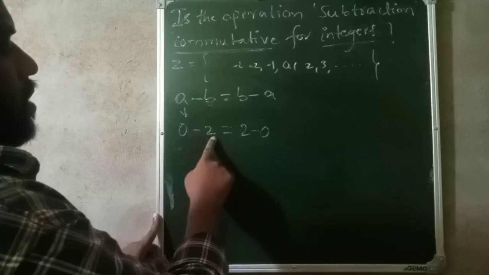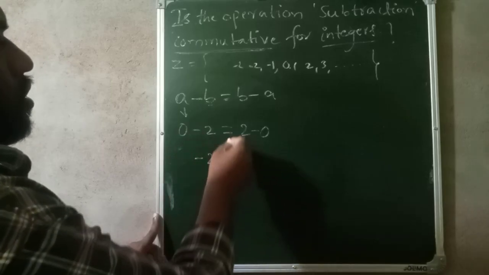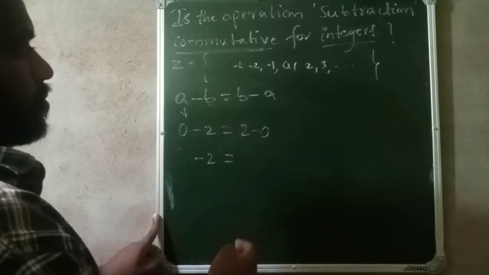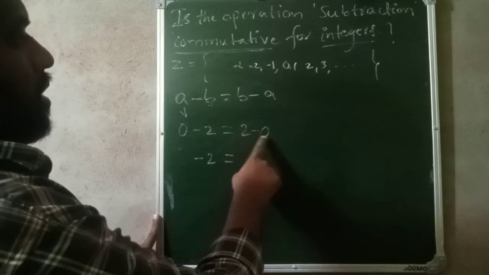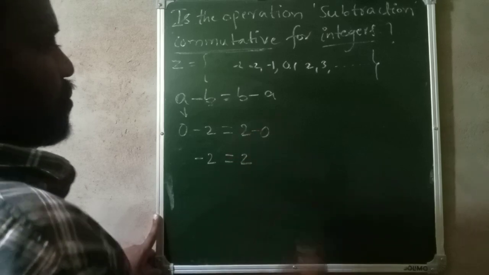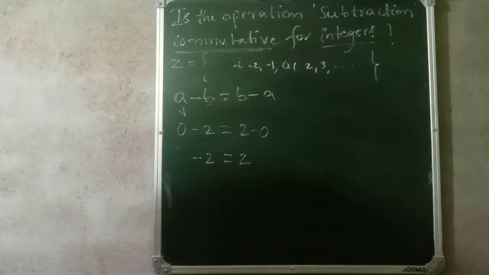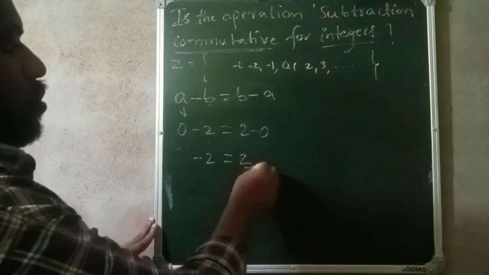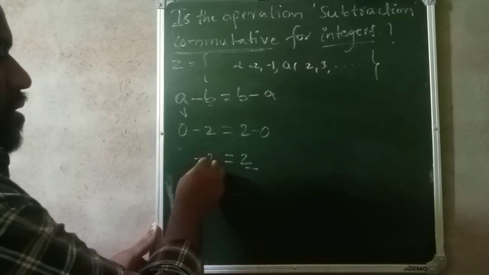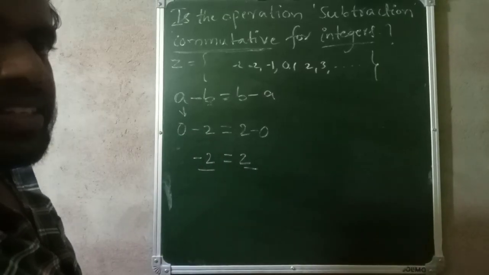See, 0 minus 2 is minus 2, is equal to 2 minus 0, which is 2. So you can see here 2 is different, minus 2 is different, correct?